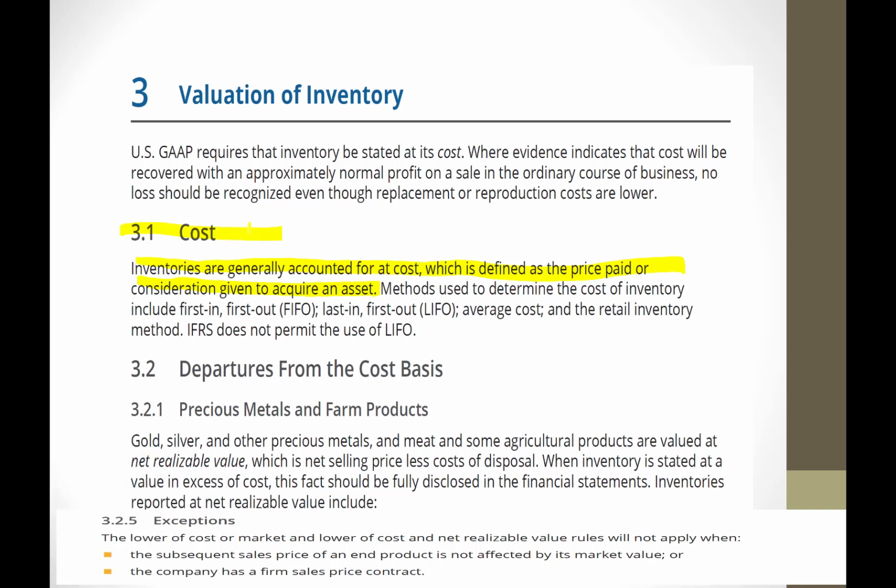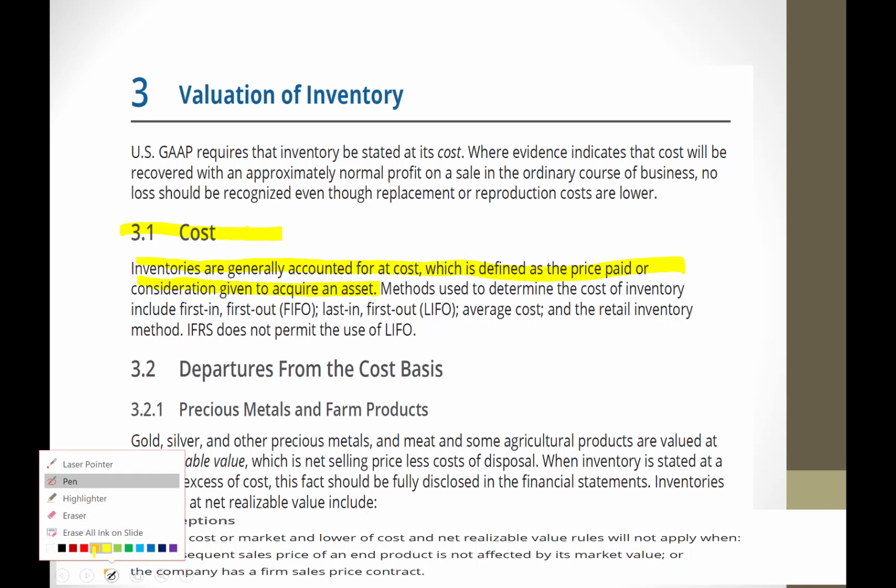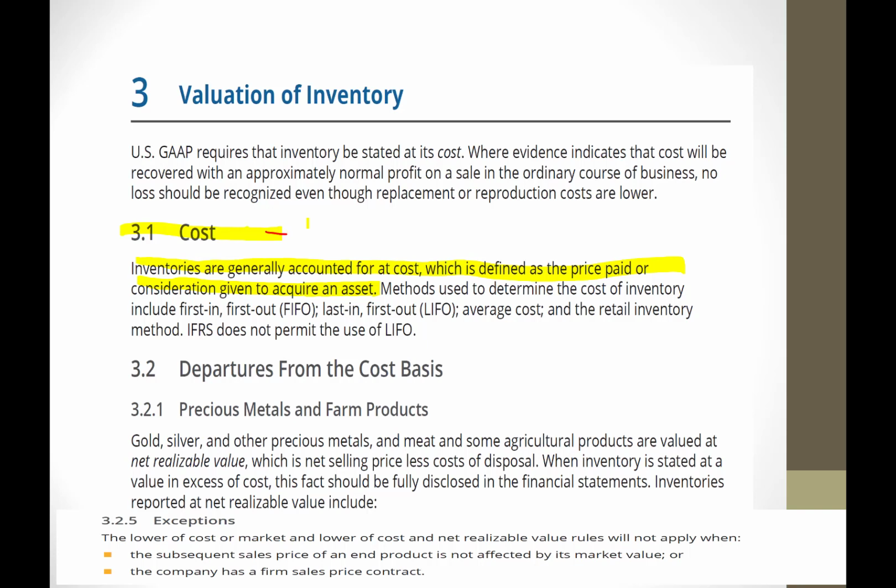That includes shipping costs, otherwise known as what? Freight in. So if you pay the freight in on the inventory, that's part of the cost of the inventory, isn't it? Okay, all shipping costs would be included.